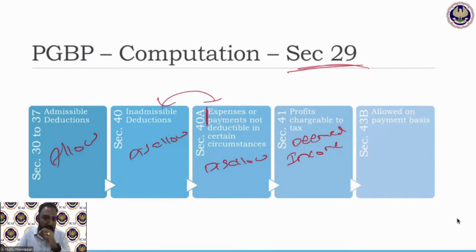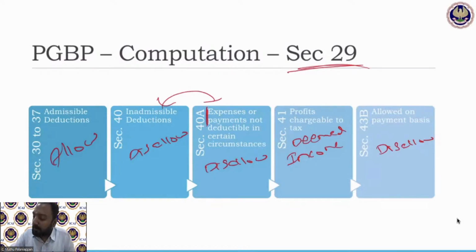Then you have 43B, which is basically allowed on payment basis. So this is also about disallowances. 43B talks about an expenditure which is allowed only when paid, which means when you have not paid, it is disallowed.